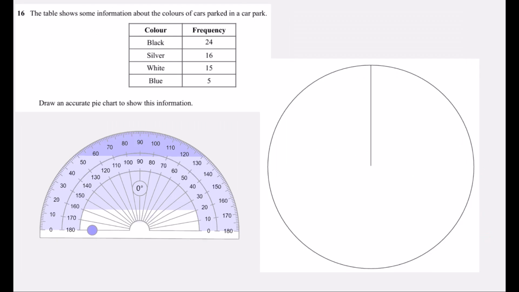Question 16. The table shows some information about the colours of cars parked in a car park. We need to draw an accurate pie chart to show this information. So to draw a pie chart, we need to work out what angle we need for each colour in this case.